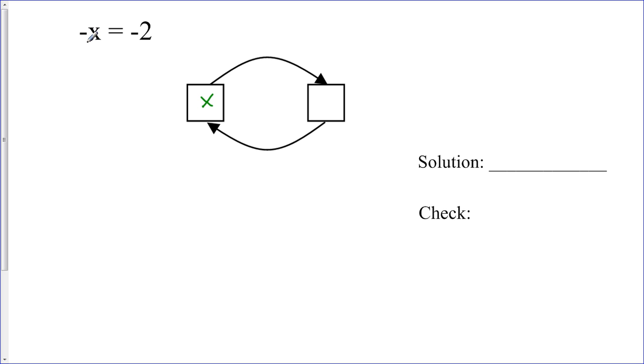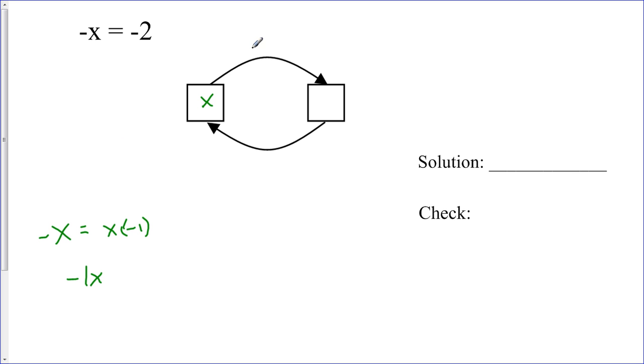Negative x is really just a simpler way of saying x times negative 1. You could write it this way, negative 1x. The 1 is understood. It's x times negative 1.